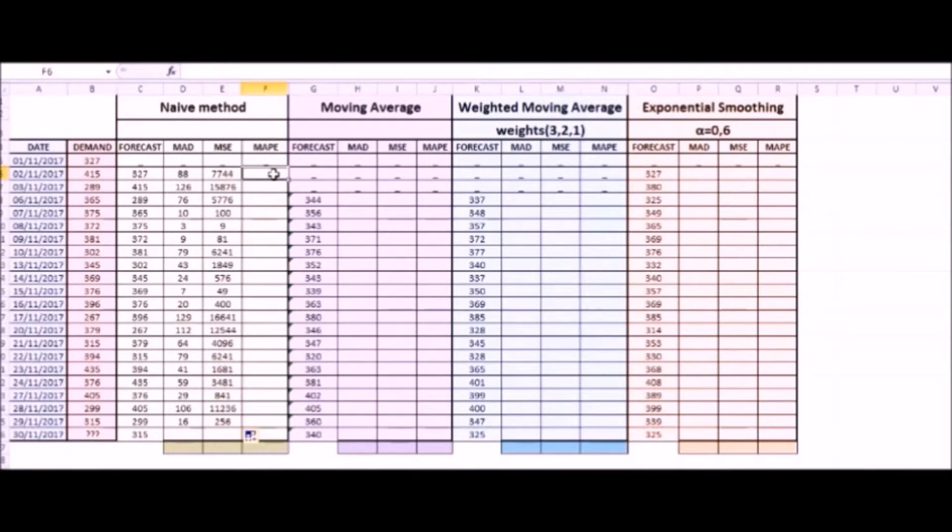The mean absolute percent error equals the percentage of the error over the actual demand. Finally, we have to compute the average error for each measurement.